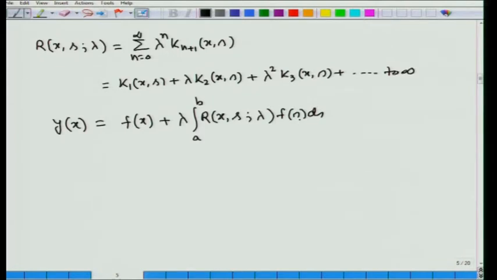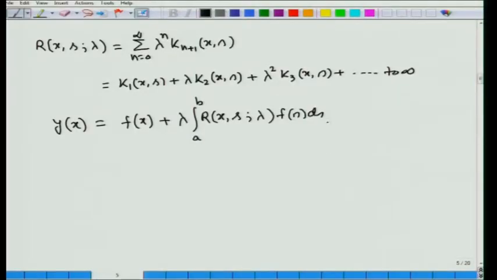This is actually the solution to the given problem, and this series, that is k1(x,s) plus lambda k2(x,s) plus lambda square k3(x,s) plus dot dot up to infinity, is actually called the Neumann series, and this is the solution of this Fredholm integral equation of the second kind, which is a non-homogeneous equation, in terms of the resolvent kernel.